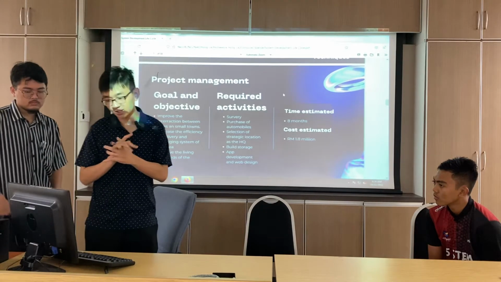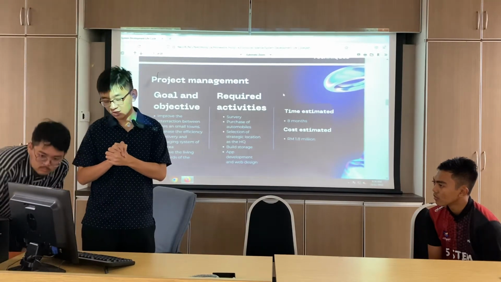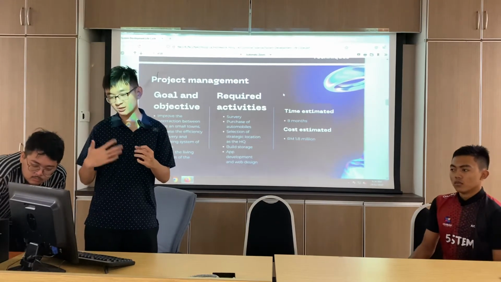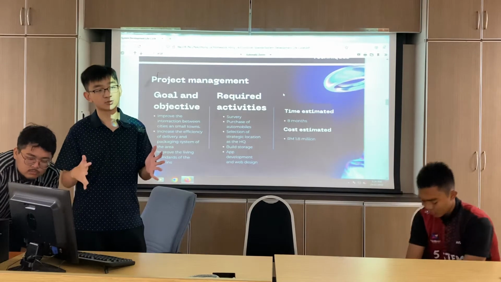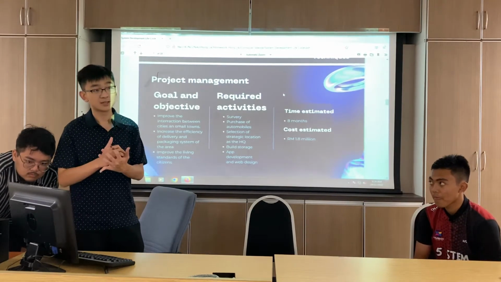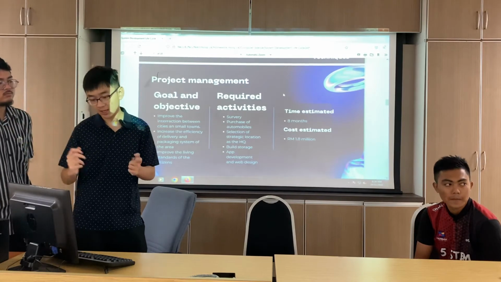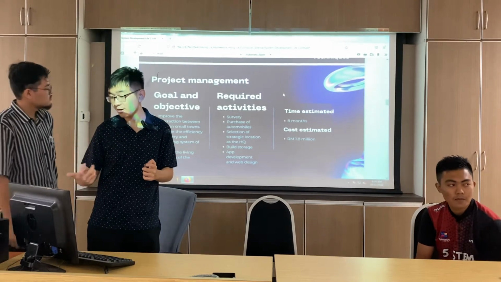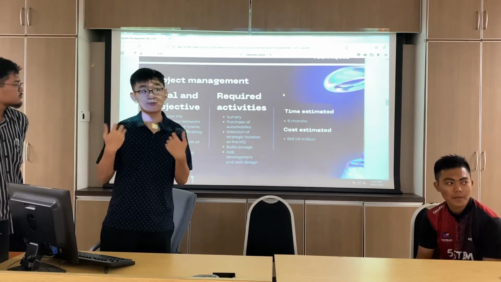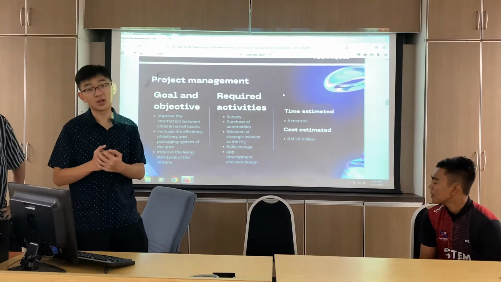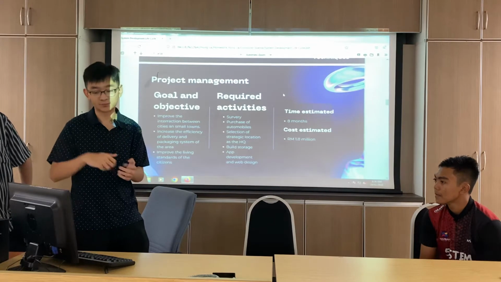So let's proceed to the goals and objectives. We built this delivery and packaging system to improve the interaction between cities and small countries. Countries in the sense of kampong, not countries. Besides that, we also want to increase the efficiency of the delivery and packaging system around Pasir Puteh.